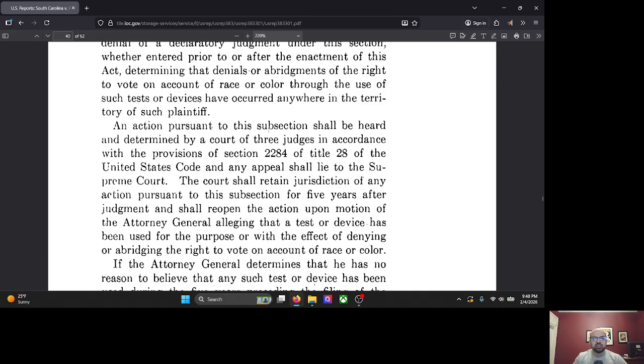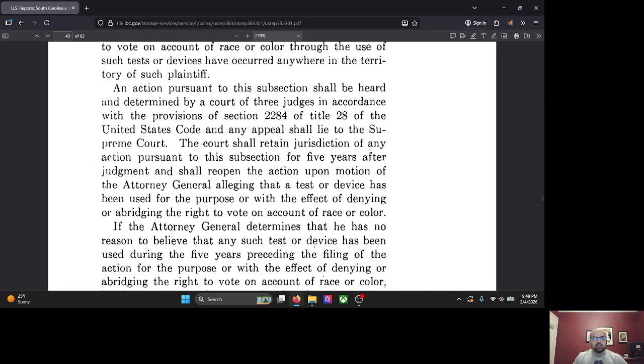An action pursuant to this subsection shall be heard and determined by a court of 3 judges in accordance with the provisions of Section 2284 of Title 28 of the United States Code, and any appeal shall lie to the Supreme Court.